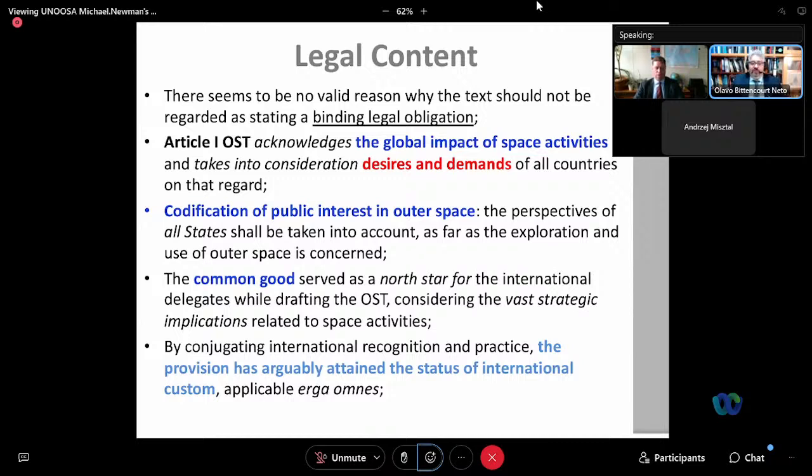Nowadays, it's fully realized that by combining international recognition and practice, the provision has arguably attained the status of international custom, applicable erga omnes to every nation on Earth, even to states that are not parties to the Outer Space Treaty. So this is quite an important provision in the whole framework of space law. Next slide, please.